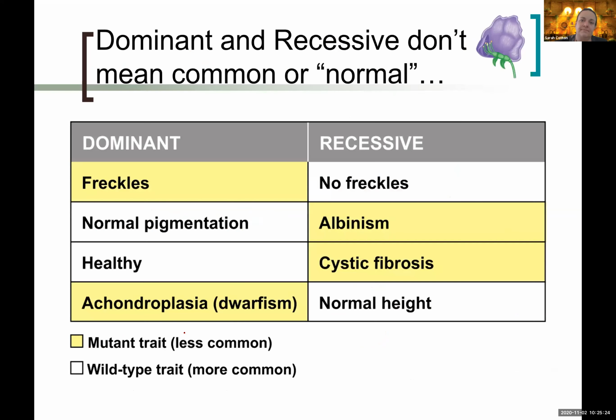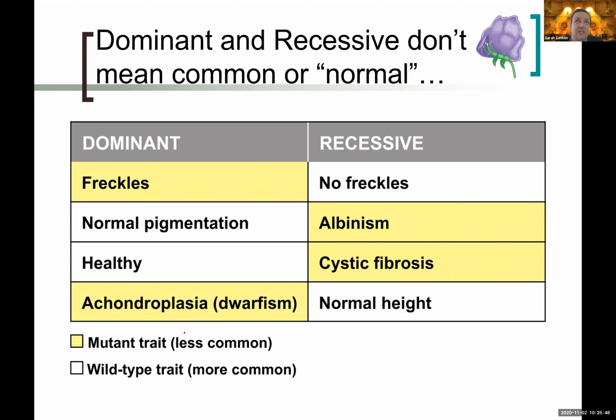Okay. All right. So this is just a little reminder that dominant and recessive, dominant doesn't mean more common or "normal." Notice normal is in quotes. I don't like the word normal. We'll get back to that in a second. So dominant doesn't necessarily mean that something is more common. It simply just means what?